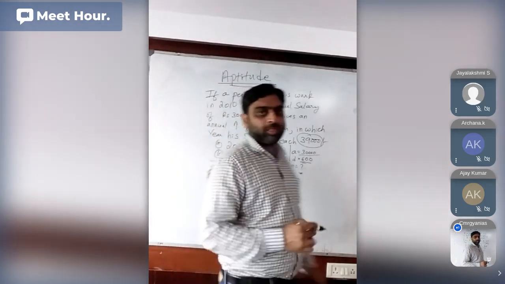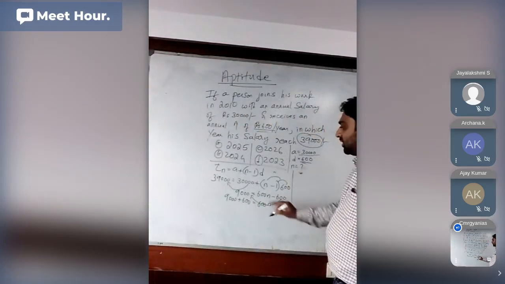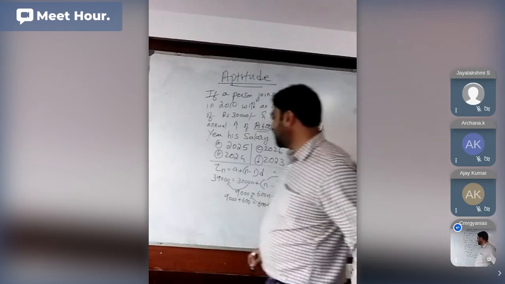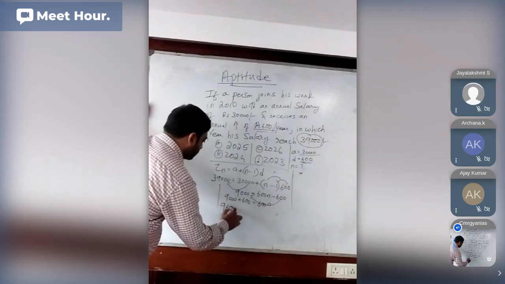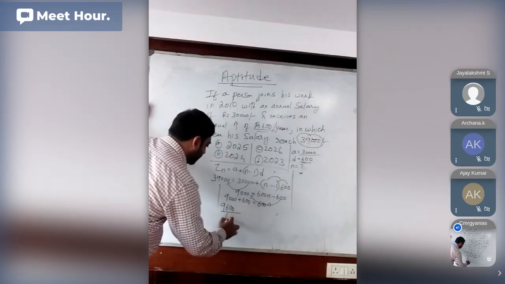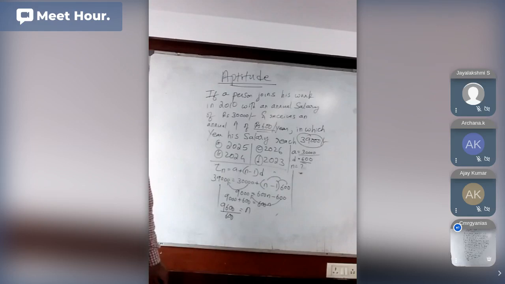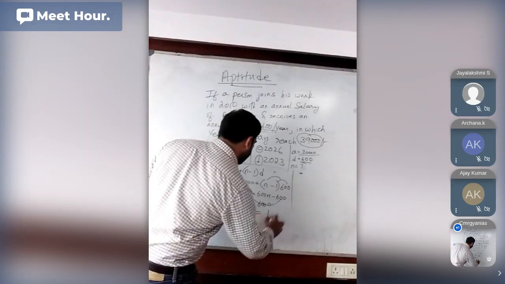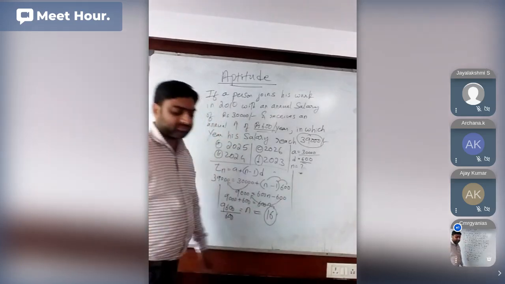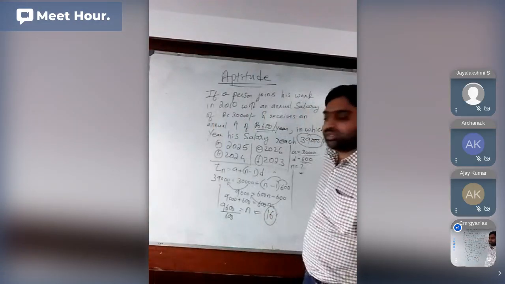That became 9,600. So 9,600 divided by 600 is equal to n. That is your answer. You get n is equal to 16. If n is equal to 16, what is the answer?